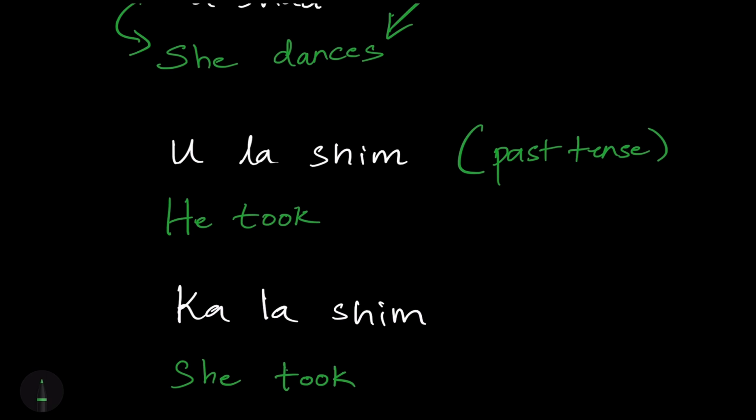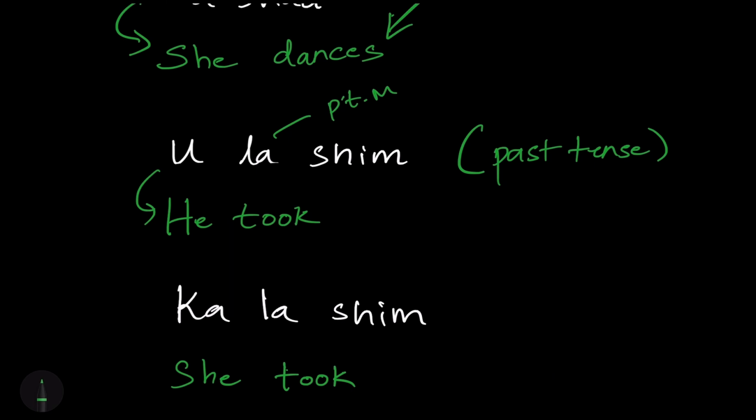Let's take another two examples. U la shim. La is a past tense marker in Khasi, which means the action is finished. So he took. U here means he, and lashim means took.